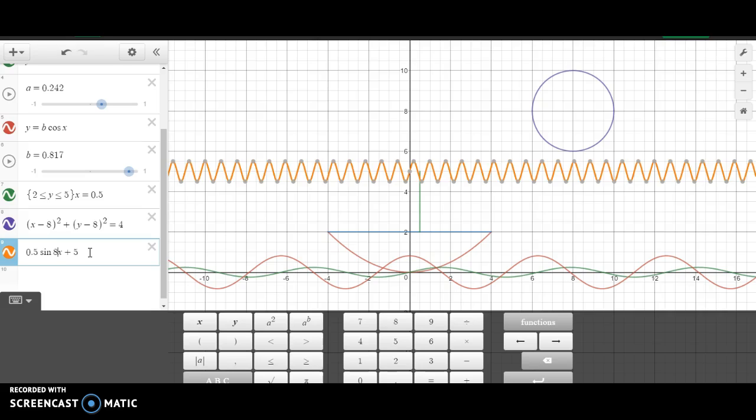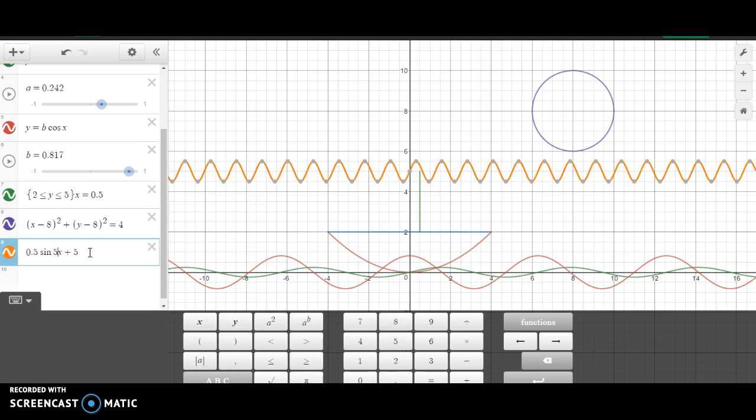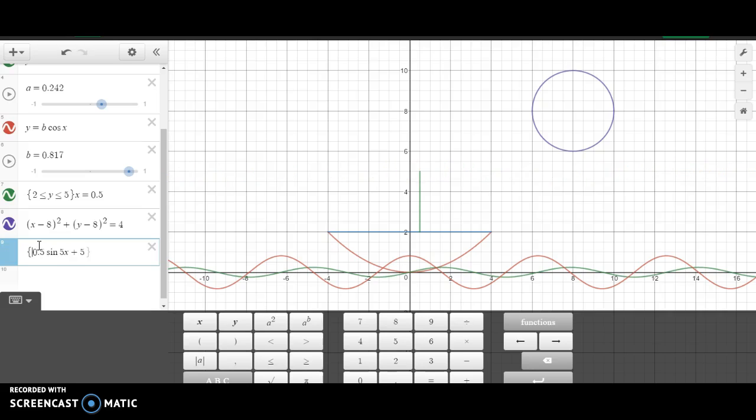We'll go 5. Okay. And then I want to restrict this domain because obviously we don't want this huge wave of wind here. Well, we'll start at -4 and we'll go to, let's see, to give a little bit of space here, we'll go to -2. We'll restrict the domain like that.